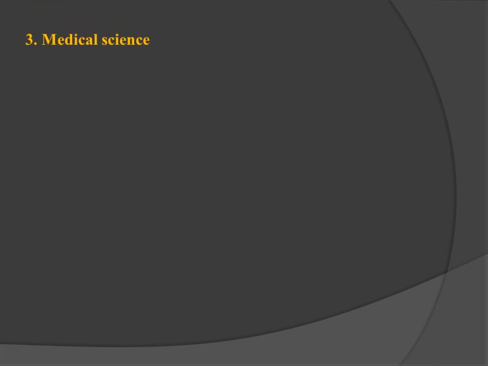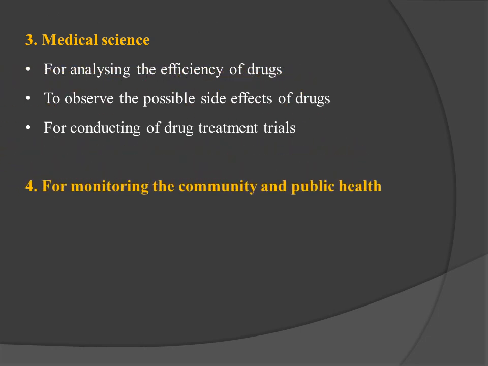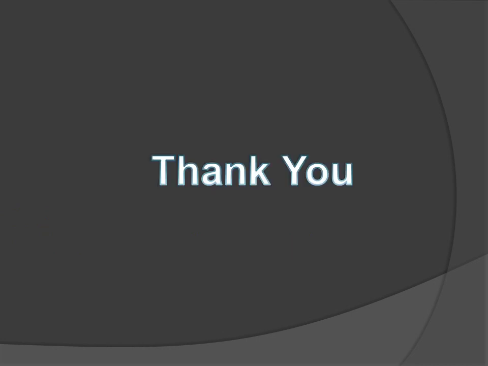In medical science, biostatistics has a role in analyzing the efficiency of drugs, observing the possible side effects of the drugs, and conducting drug treatment trials. It is also used in monitoring community and public health, and also for demography, that is, the study of human population. Thank you.